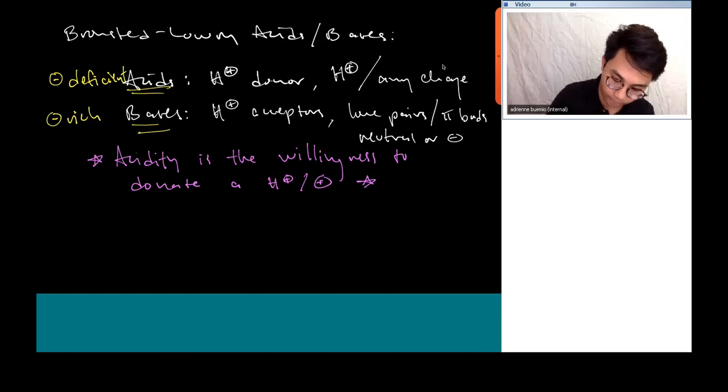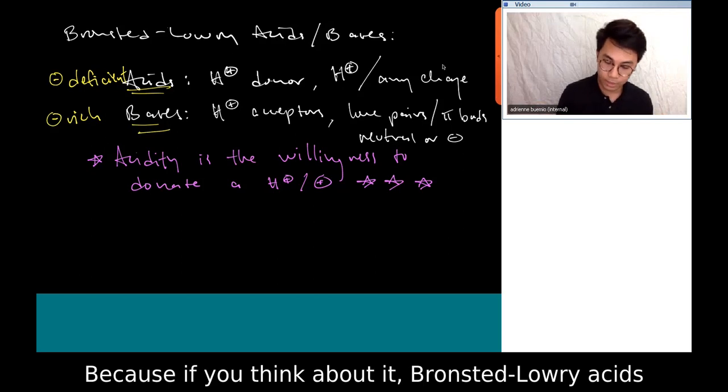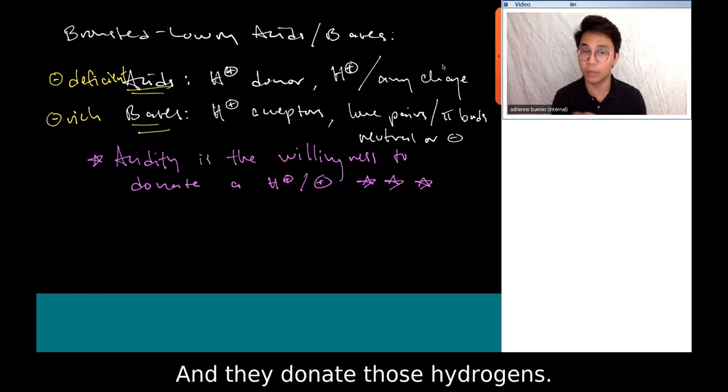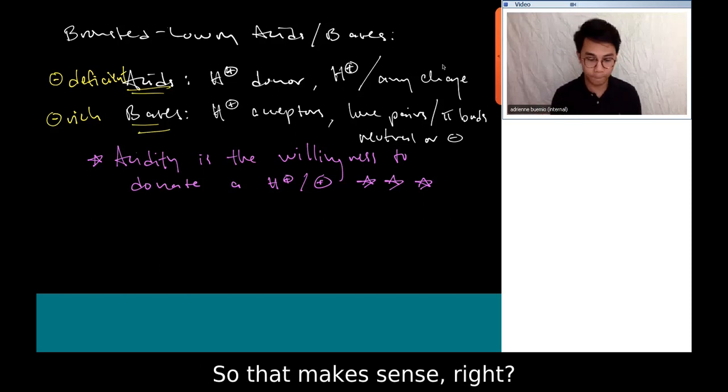I'm going to say this a lot. Because if you think about it, Bronsted-Lowry acids contain hydrogens, and they donate those hydrogens. So you're more acidic the more you give out hydrogens or protons. So that makes sense.